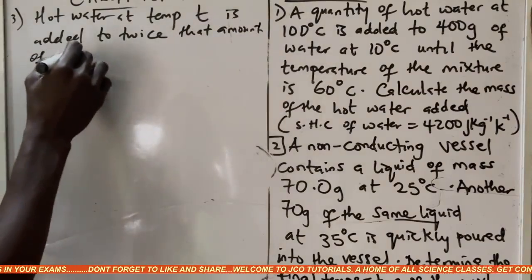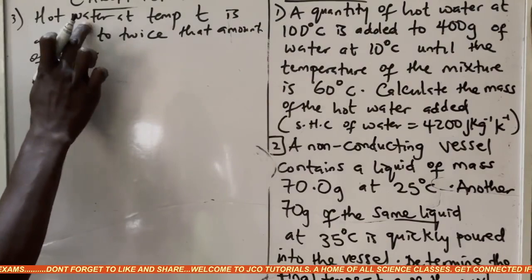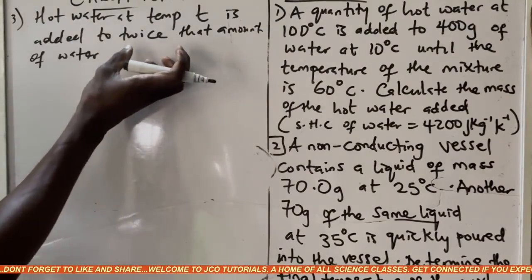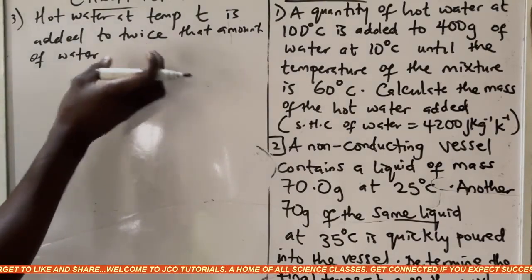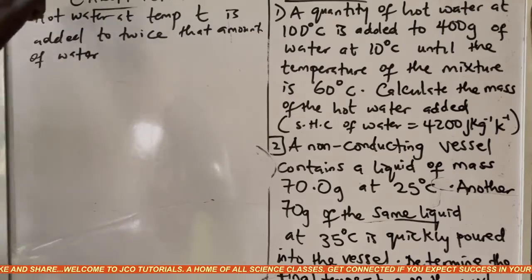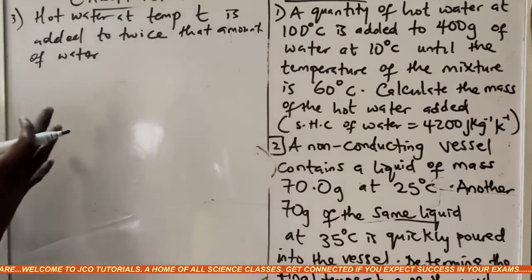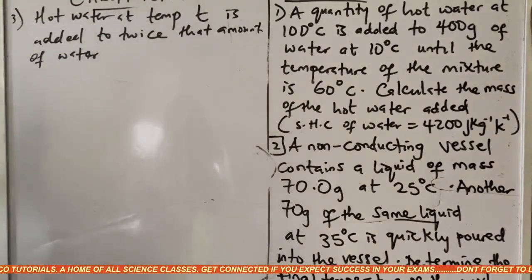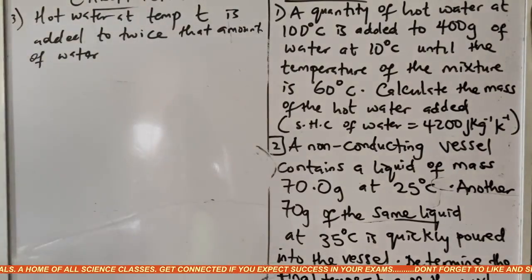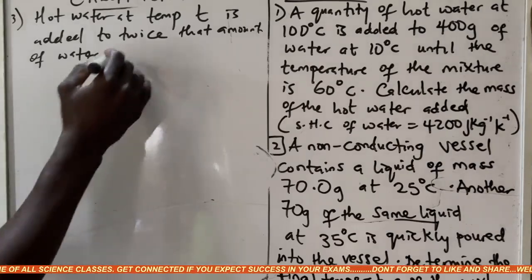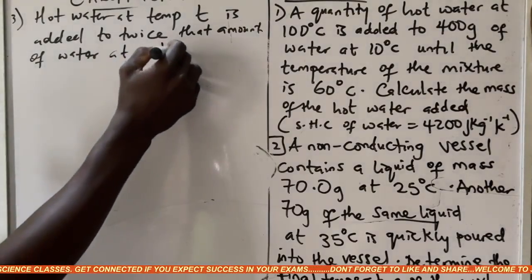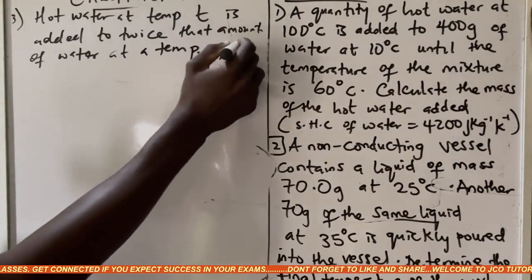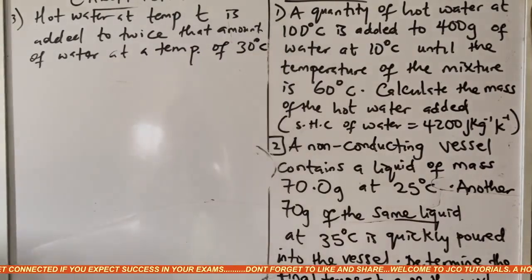Which water? This particular water that is hot. Hot water is added to twice this amount of water. So the original water, the size, hot water is added to twice the original water. Go on. It says at a temperature of 30 degrees Celsius.